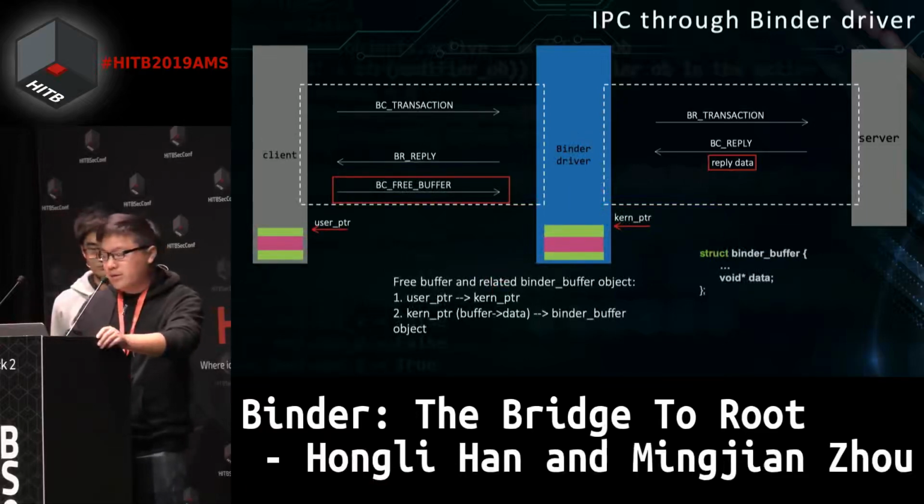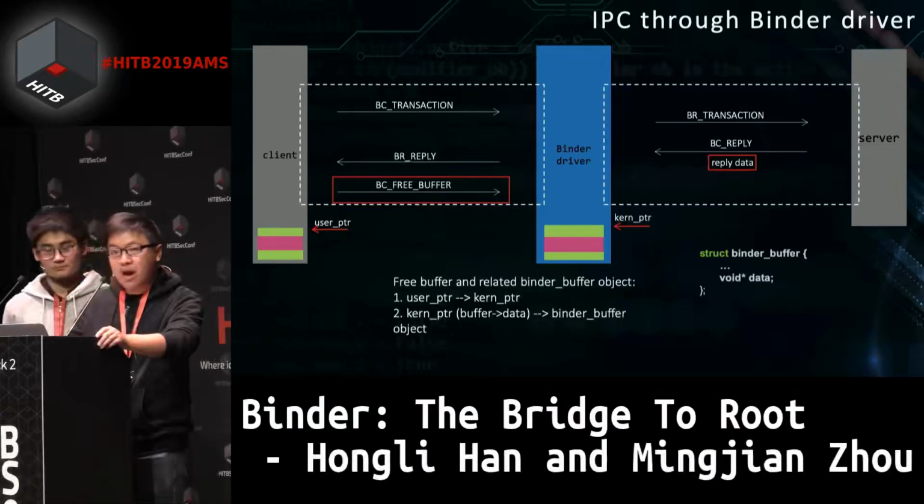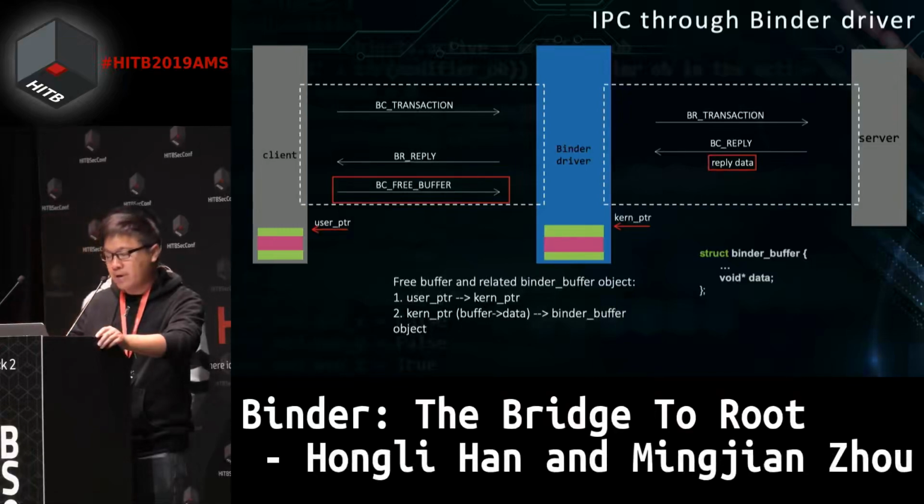When the client sends the BC free buffer and the user pointer to the driver, what happens in the driver? The driver maps the user pointer to the kernel pointer, finds out the bundle buffer object related with the kernel pointer, and then frees the buffer and the bundle buffer object.